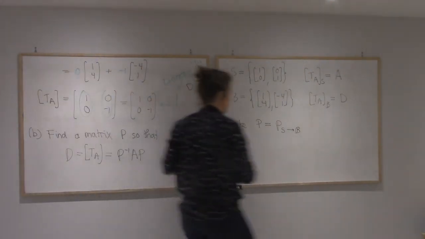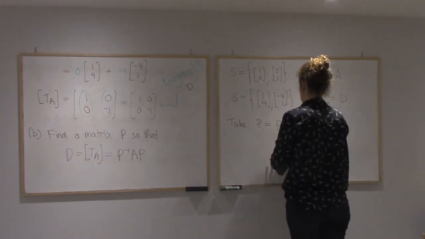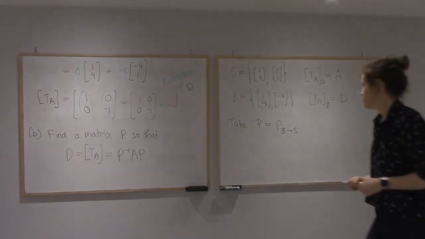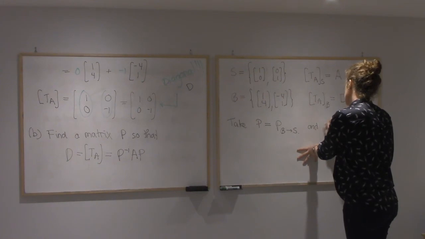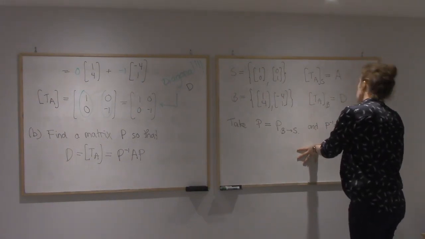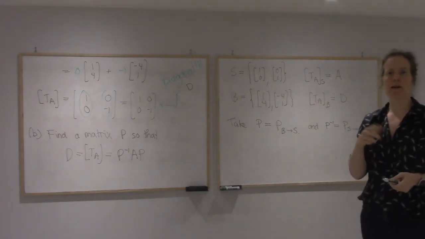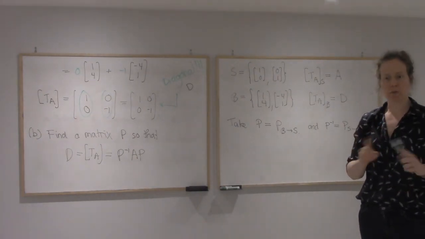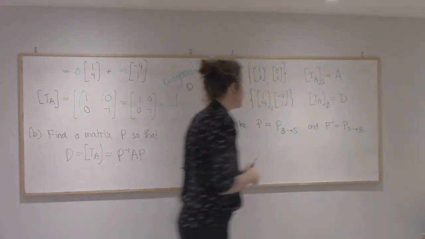Let's take B to S, sorry. And we've already talked about this, but it might be a bit far, so please, at this point, if you're getting a bit confused, don't hesitate to pause the video and go back to that section on linear transformations and what happens if you use different bases to represent them.